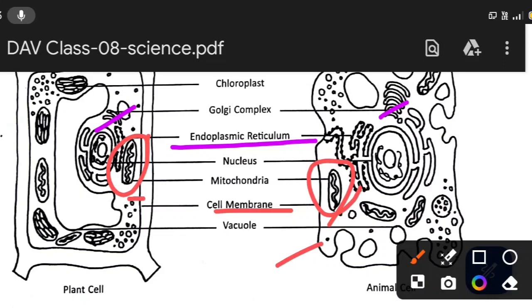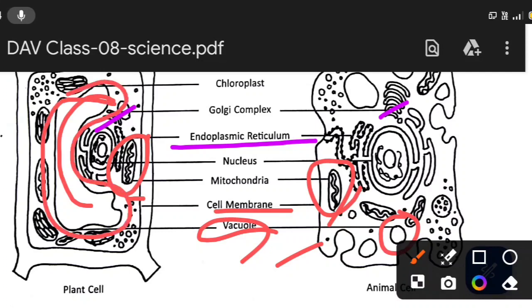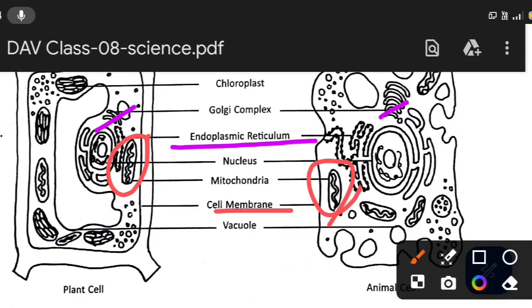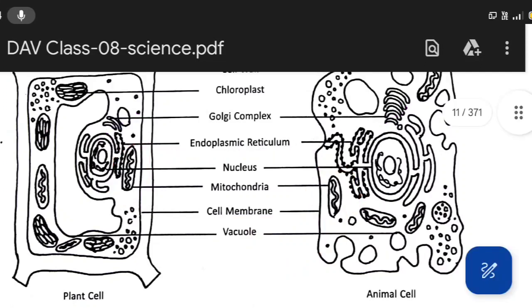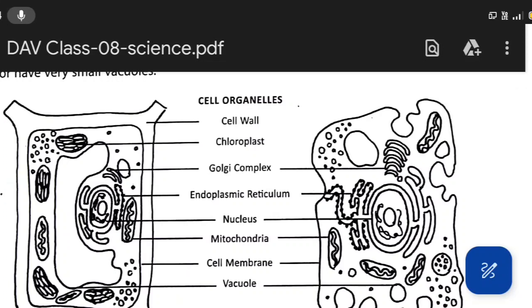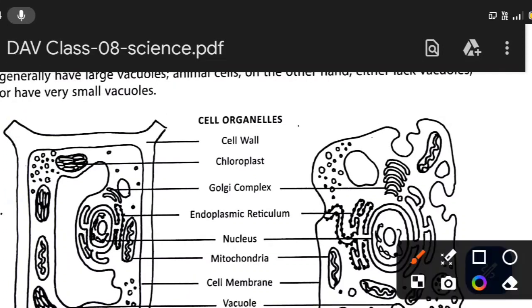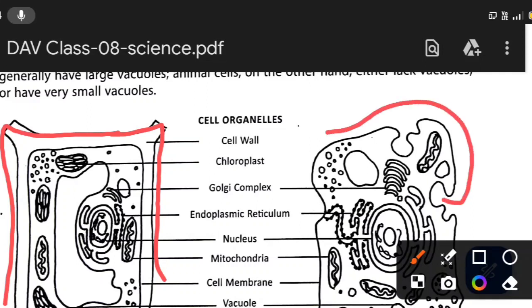Then the vacuole is present here, and here also, but the difference is that in the plant cell it is large, but in the animal cell it is small. And here you can see the cell wall. The cell wall is only present in the plant cell, this layer. It is absent in the animal cell. There is no cell wall in the animal cell.